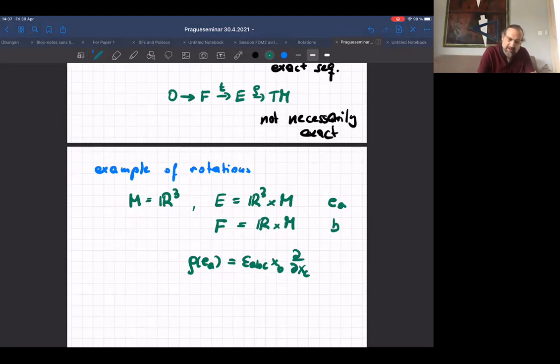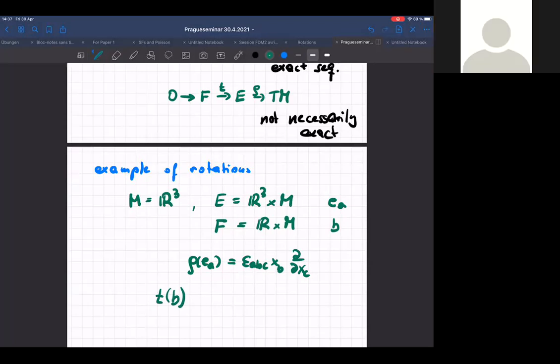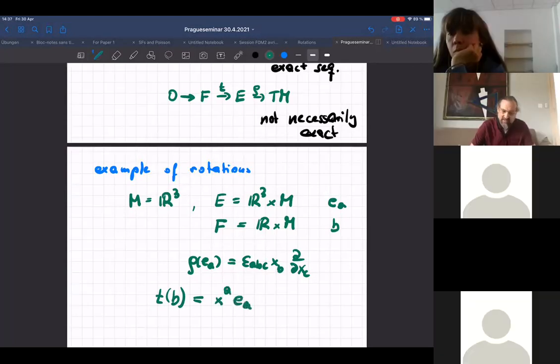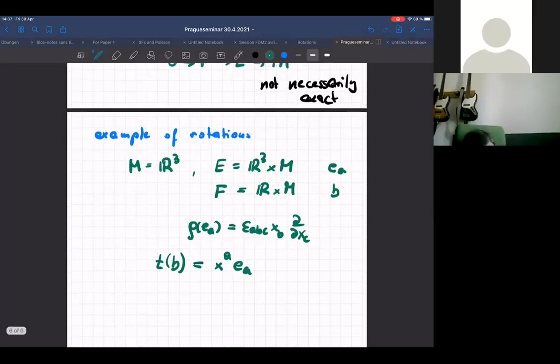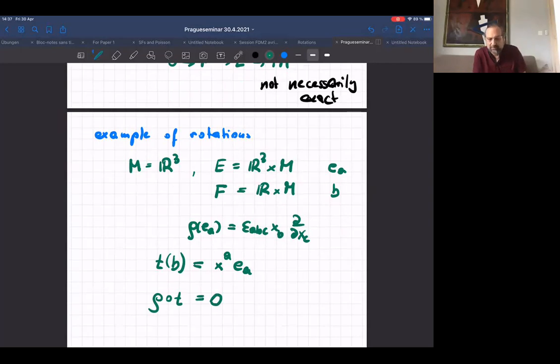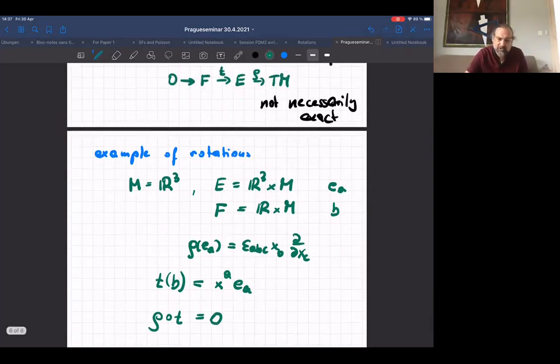So there is a kernel, which we can obtain by saying that T is a map from F to E. And it is evident that the composition of T with rho is 0. However, there is a cohomology at degree -1. So we will say E is of degree -1, F is of degree -2.